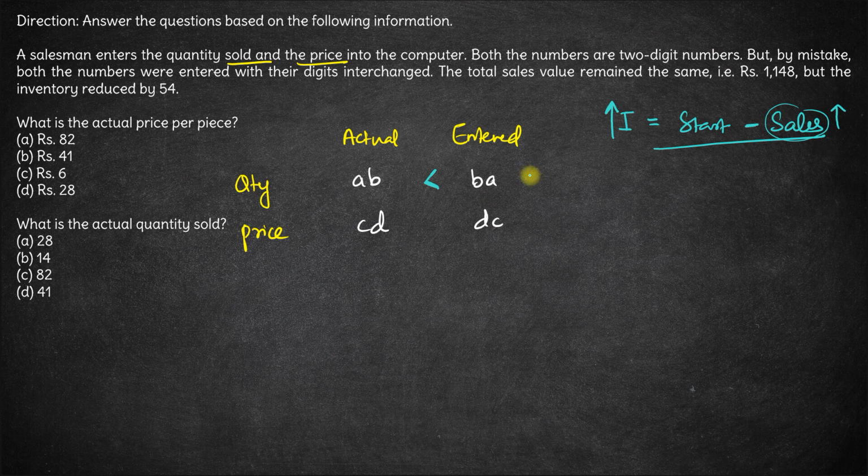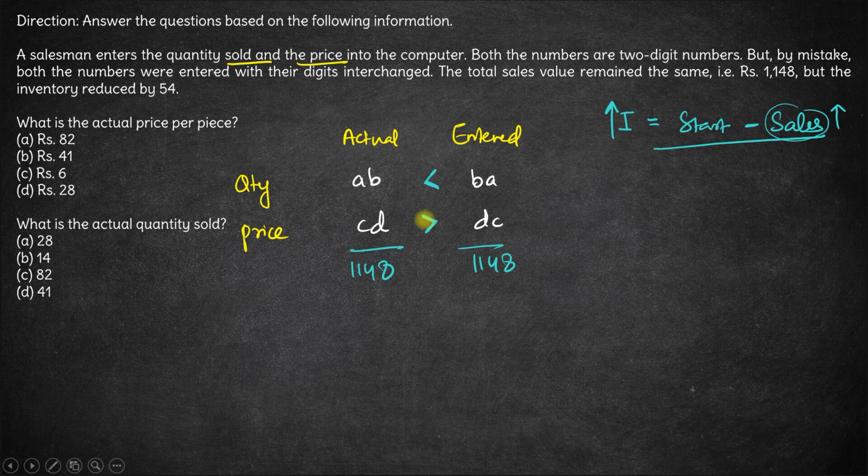And we are also given that the product of price and actual quantity is 1148 and this product is also 1148. The total sales is the same in terms of amount. So actual quantity into actual price is 1148 and entered quantity into entered price is also 1148. So if AB is less than BA and the products are the same, that means CD must be greater than DC. This is for sure.